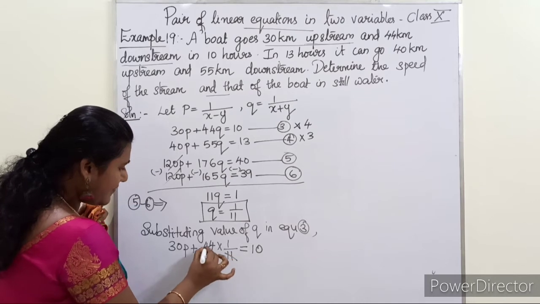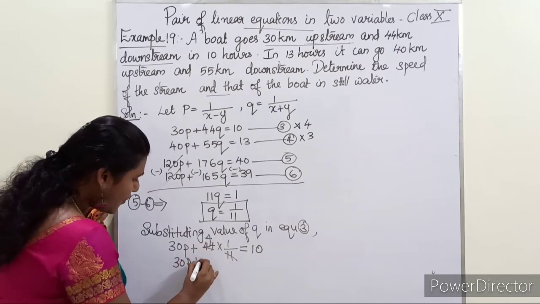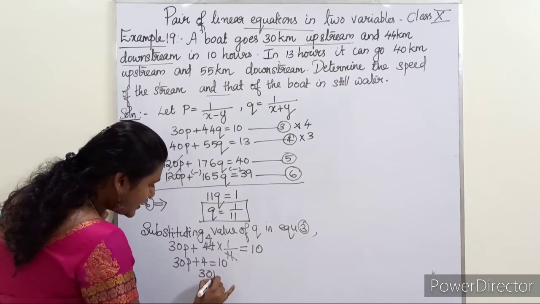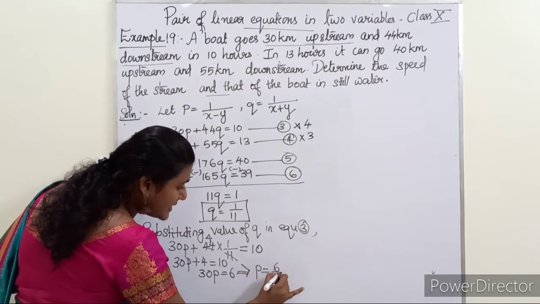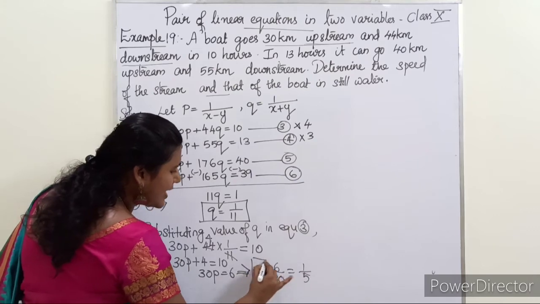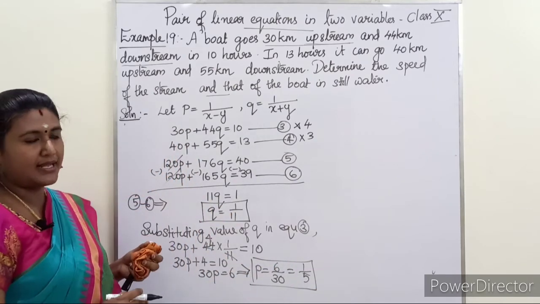Here we will simplify. This is 4 times. So 30p plus 4 is equal to 10. So 30p is equal to 6. That is, p is equal to 6 by 30, which is equal to 1 by 5. So we got the value of p as 1 by 5 and q as 1 by 11.